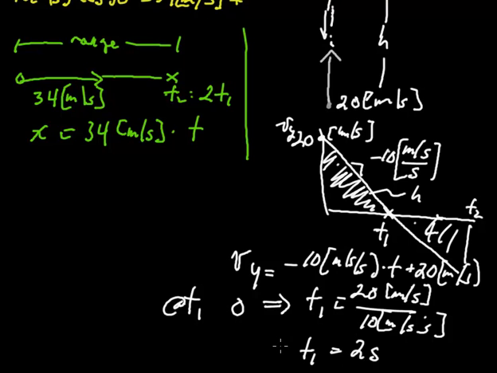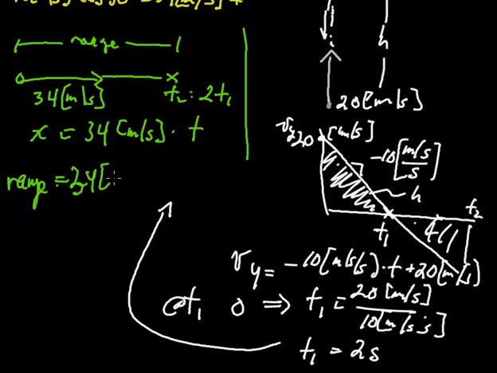Now that we know t1, we can go back to the horizontal problem and find that the range is simply 34 meters per second times twice t1, or 4 seconds. And this gives 136 meters. That's how far it went.